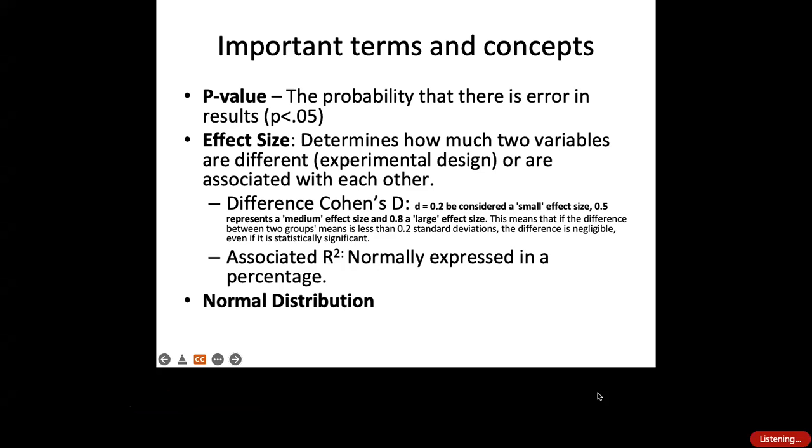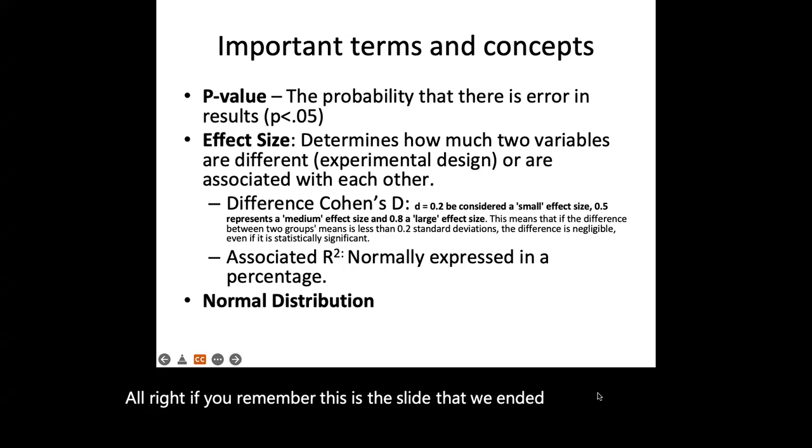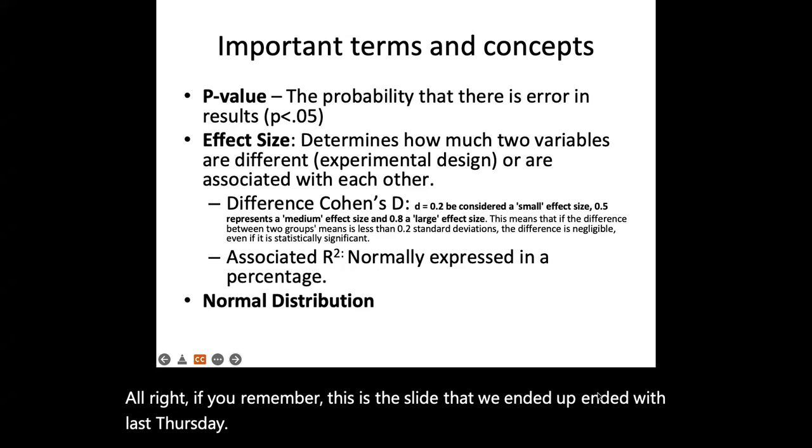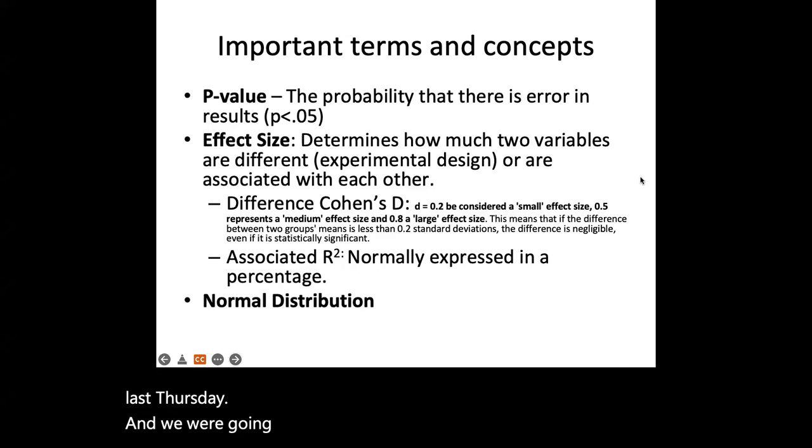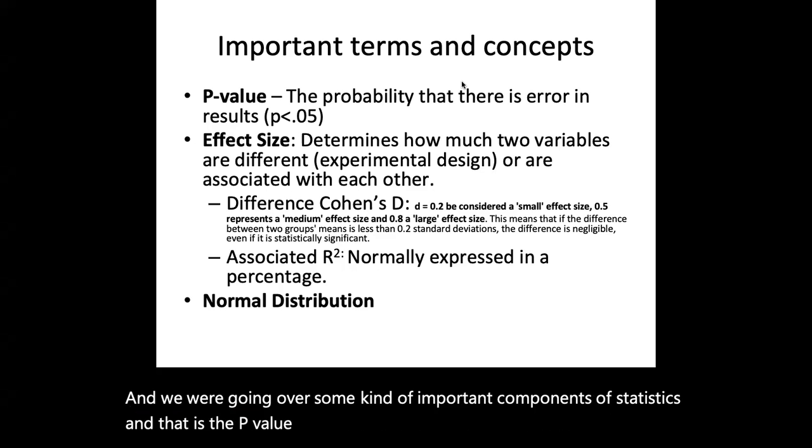All right. If you remember, this is the slide that we ended with last Thursday. And we were going over some important components of statistics, and that is the p-value, the effect size.